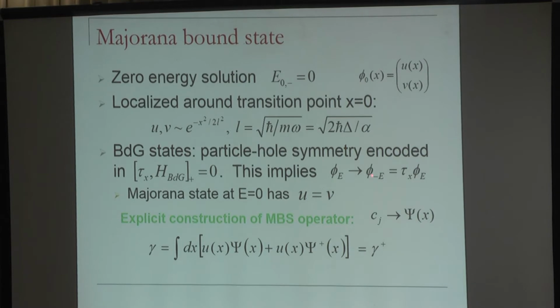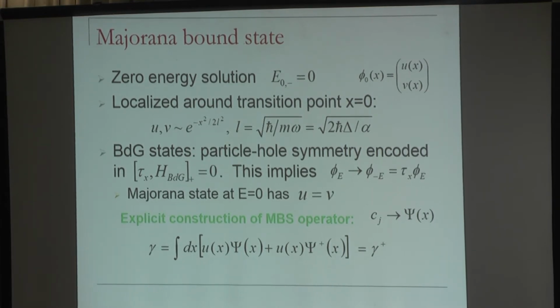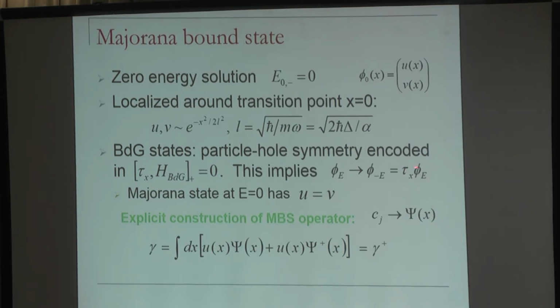This in turn implies that if I have a solution for that spinor at energy E, I can construct a solution at minus E, just by multiplying this solution with tau x. That's particle-hole symmetry. You get a solution at minus E simply from the one at E by multiplying the solution with tau x.